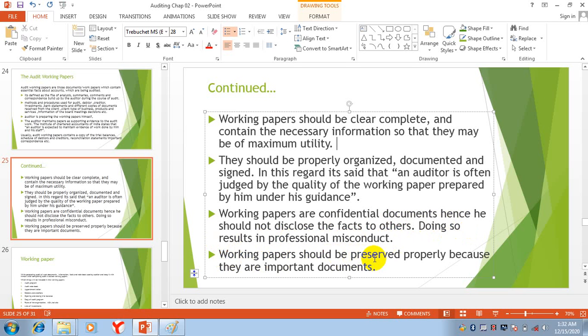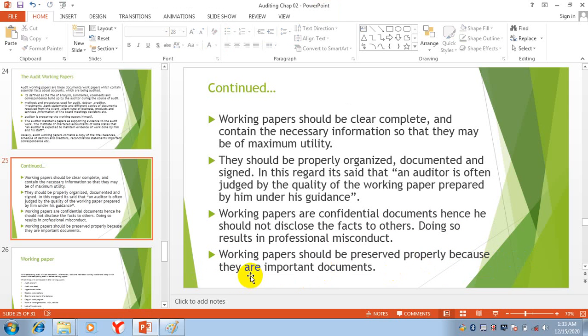Working papers should be preserved properly because they are important documents. The auditor must preserve and secure these documents. It is the responsibility of the auditor to keep these documents safe.